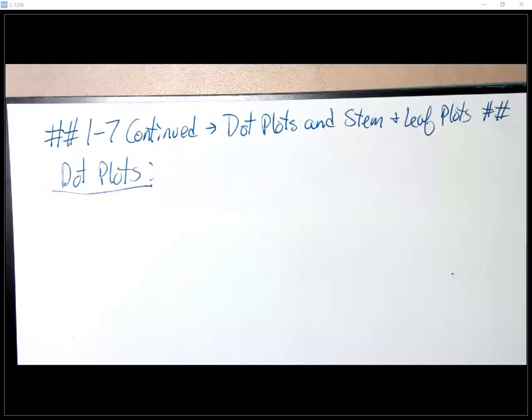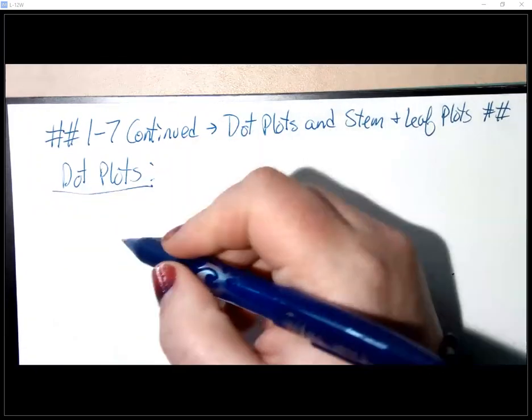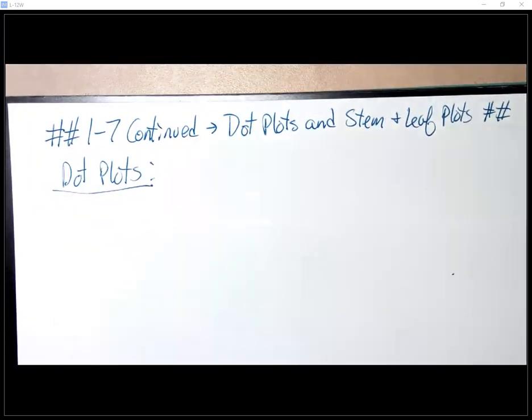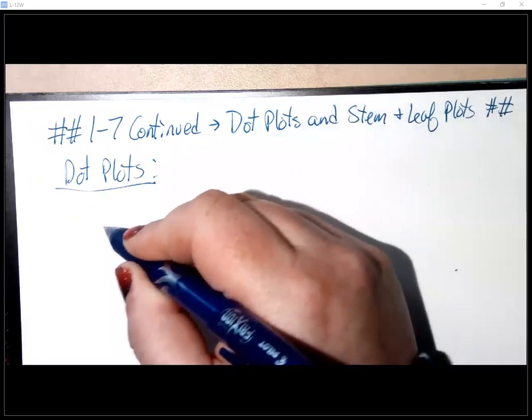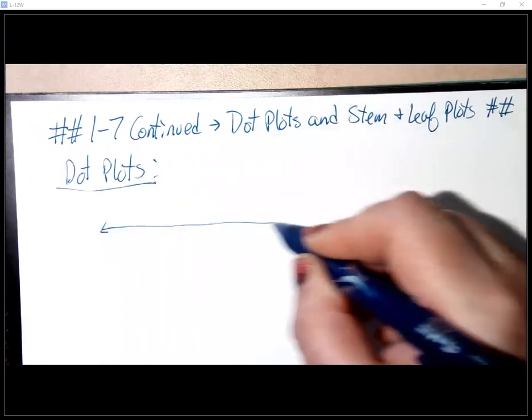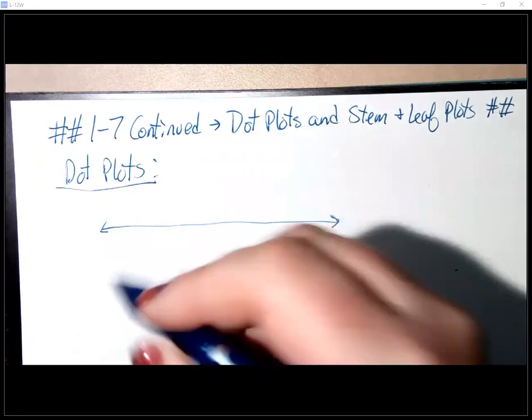Okay, ready? It's actually easiest with a dot plot. I'm going to draw the dot plot as you answer and you'll kind of see. With dot plots, we usually use some sort of number line. Obviously, you can't have negative pets.